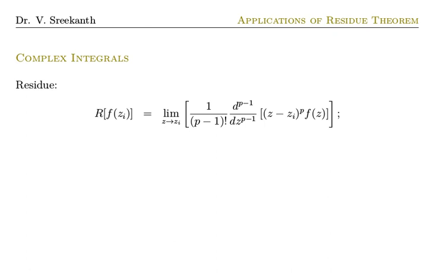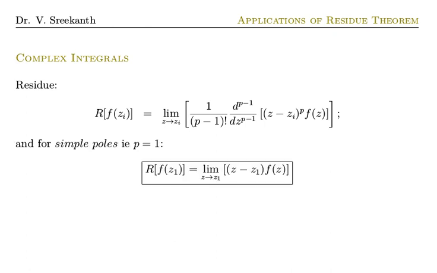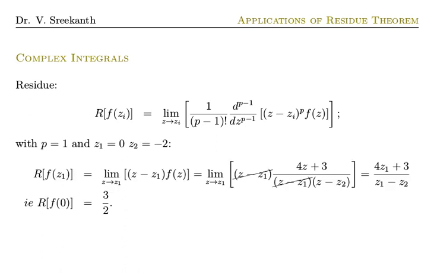Where p is the order of the pole. Now in our case p is equal to 1. If p equal to 1, then this above formula reduces to a very simple form, right? So in our case we have to use this simple formula only, and then for z1 equal to 0 and z2 equal to minus 2, we have to find the residues.